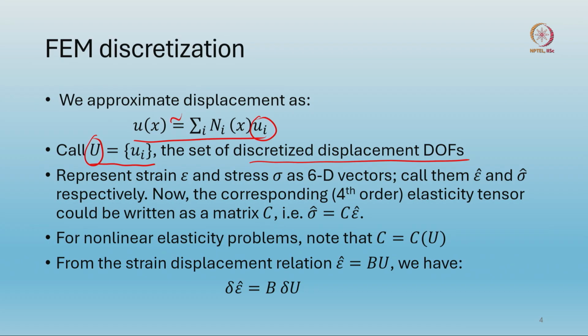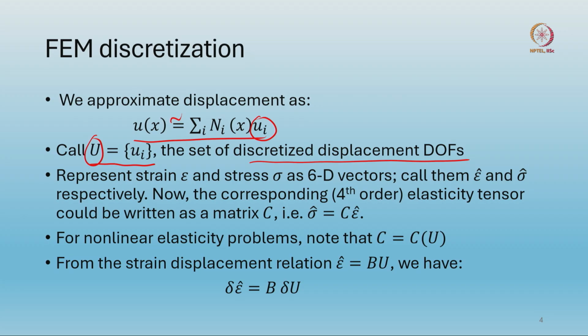Now comes another change, because we really do not work in finite element implementation of elasticity with strain as a tensor, because then the strain displacement relationship becomes more complicated to write in a computer. Since strain epsilon is symmetric, it is a 3 by 3 symmetric matrix, which will have 6 unknowns.